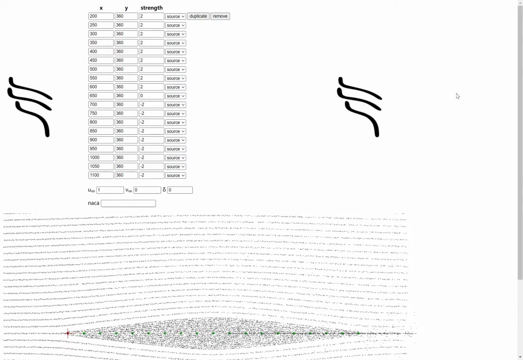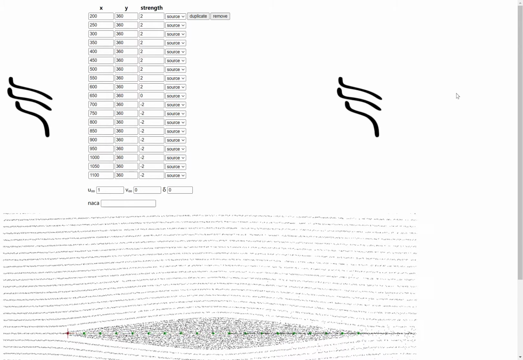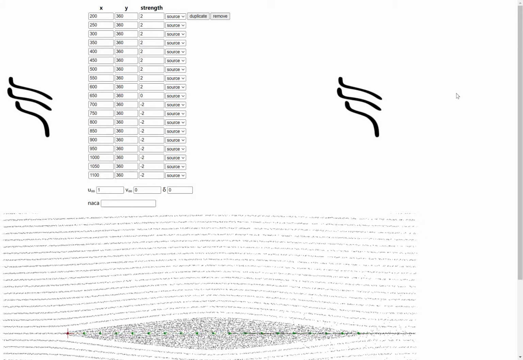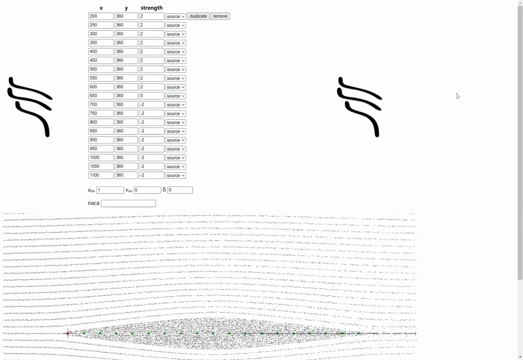I've populated the strength to be 2 upstream and -2 downstream. The question is, what do you see in this collection of sources and sinks? What kind of airfoil am I simulating using this set of sinks and sources? And does it make sense?